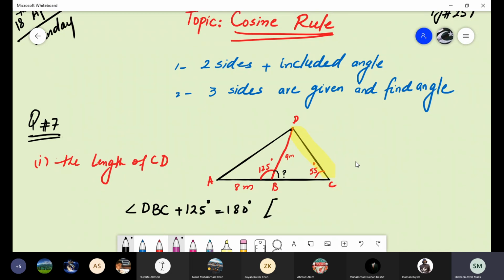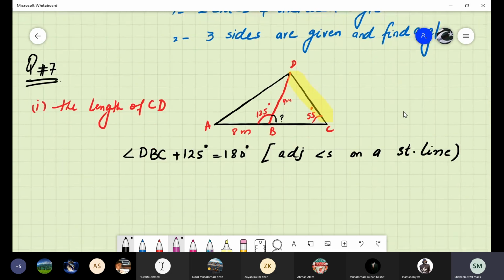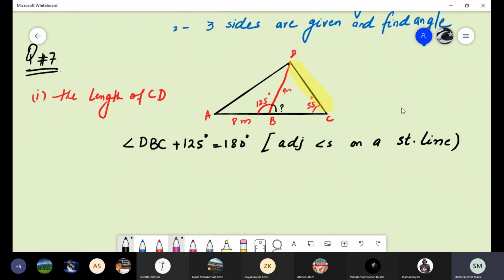What are they? They are adjacent angles on a straight line, or we can say that the sum of angles on a straight line is equal to 180 degree. Yes, boys, can you find out the value of angle DBC? 180 minus 125. What's the answer?